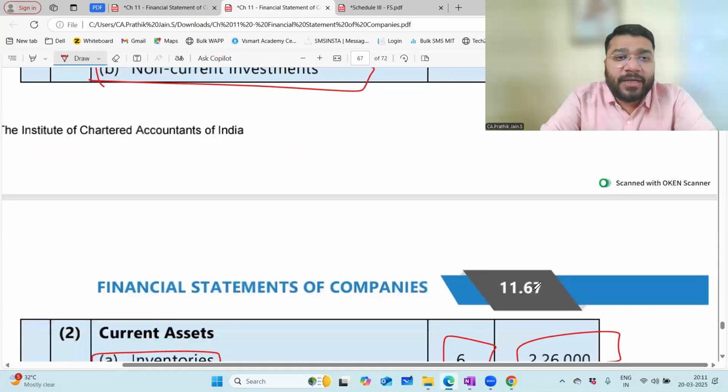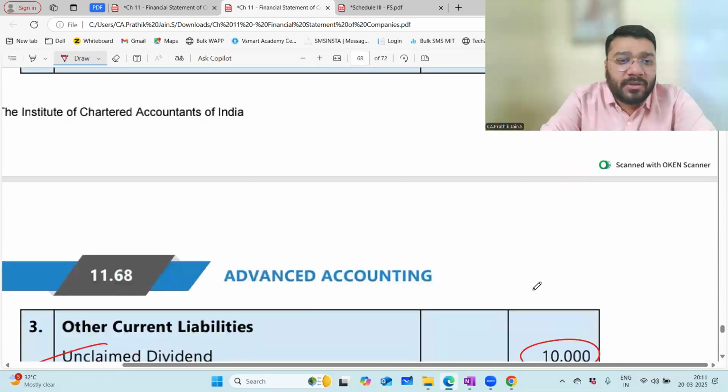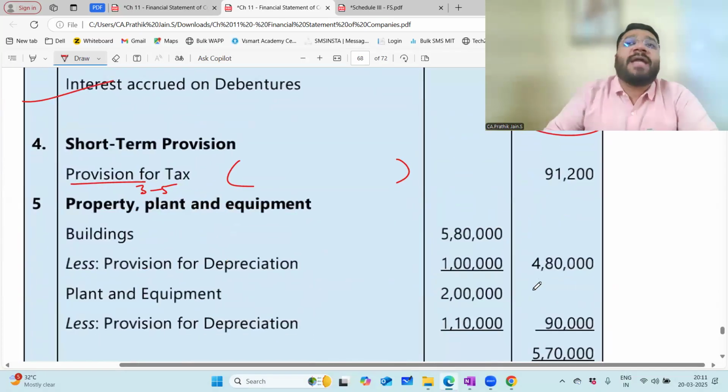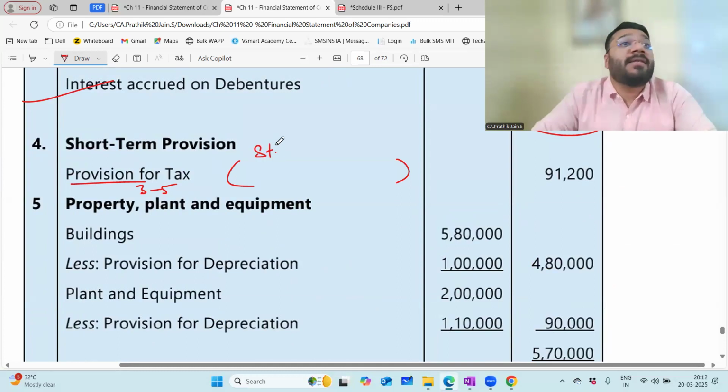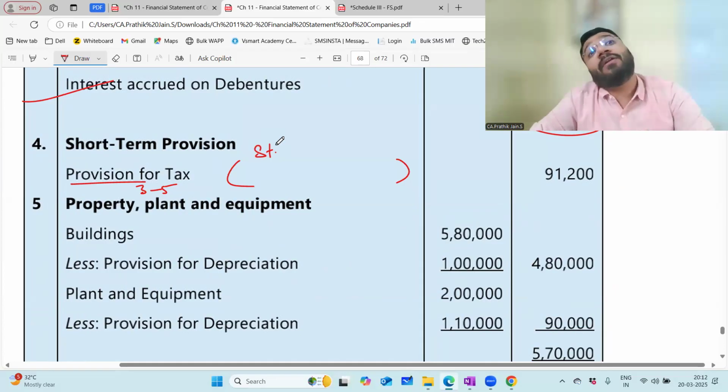I come to the balance sheet. In the notes to accounts, you left some space for provision for tax. What is the journal entry for provision for tax? Tax reduces the profit. Profit is what balance, debit or credit? Credit balance. To increase profit, credit; to decrease profit, debit.